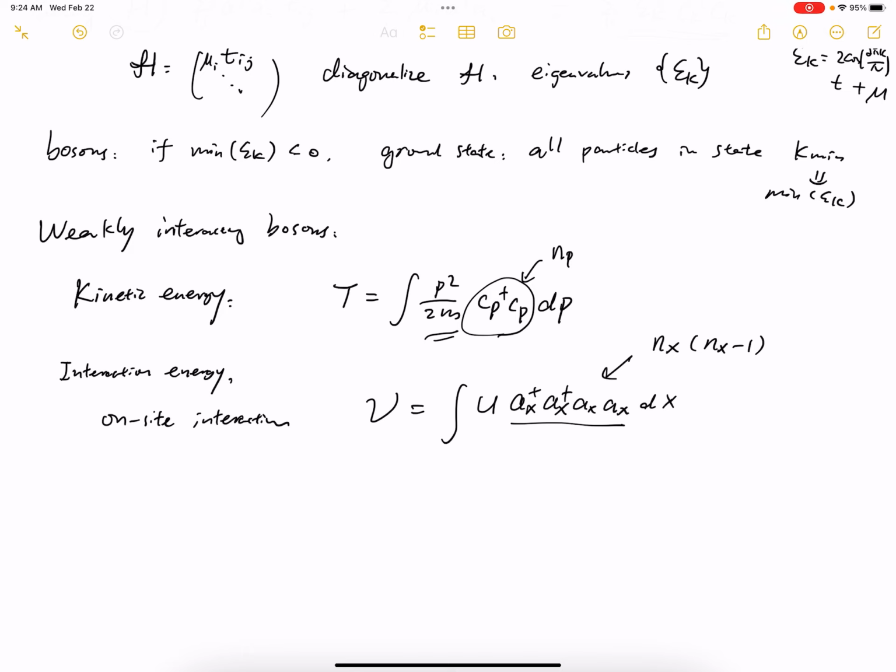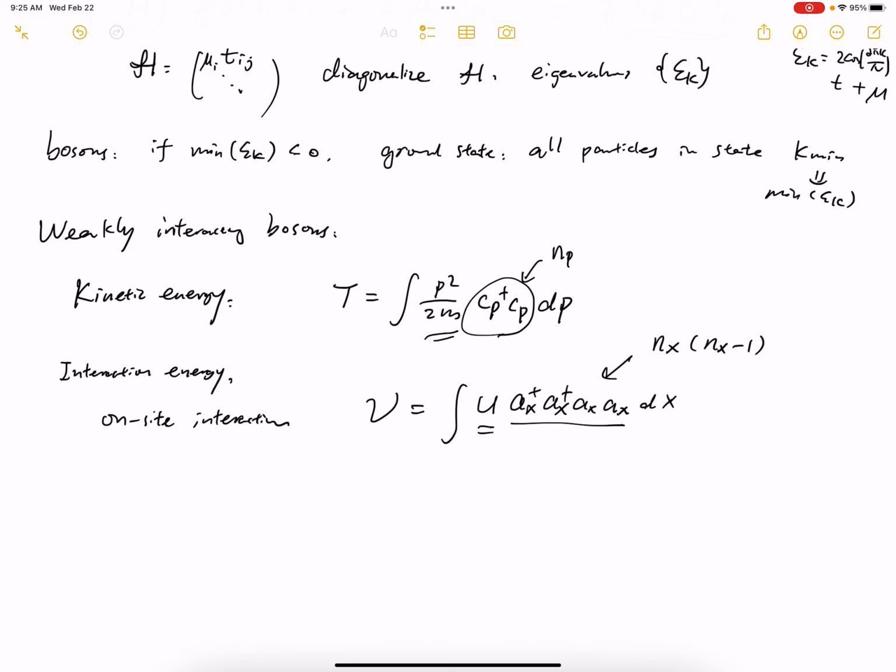And here we're only going to keep the on-site interaction. So basically, when the two atoms are exactly at the same position x, we're going to assume that there's an interaction energy given by u here. If you have more than two, then it's going to scale as n_x times (n_x minus 1). But if the two atoms are at slightly different positions, we're just going to ignore the interactions between them. This is, of course, not exactly true, but it's a good level of approximation from the non-interacting case where there's no interaction.